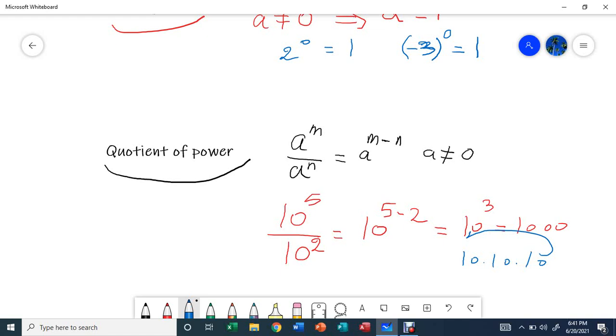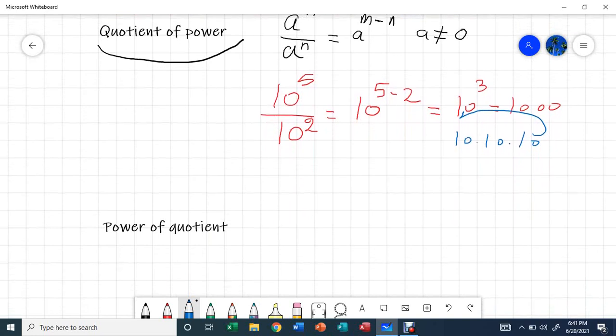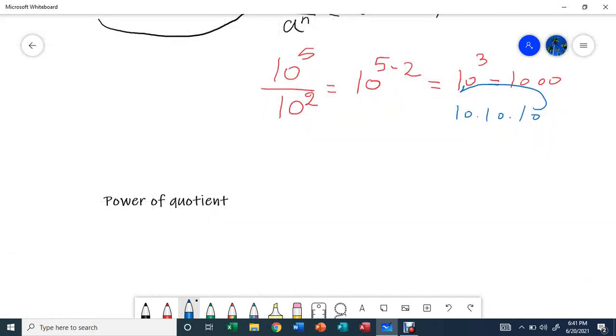Another example, let's see, I have 3 over 3 to the 2nd power. So I have the same base. So 3 is raised to the 1st power.